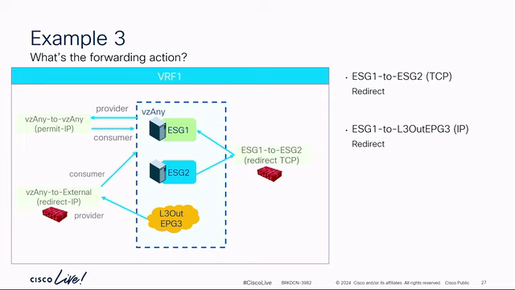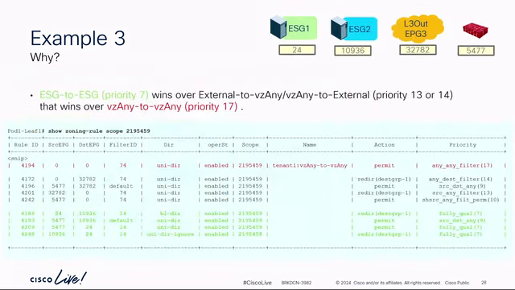This is also redirect, because it's going to hit a specific contract. If you have ESG1 to ESG2 UDP traffic, it's still permitted because you have VZNE to VZNE permit. Hope this gives you an idea of how to combine these 3 different actions.